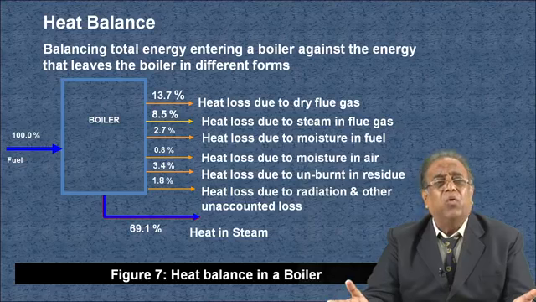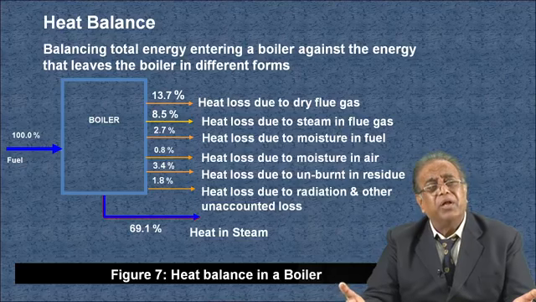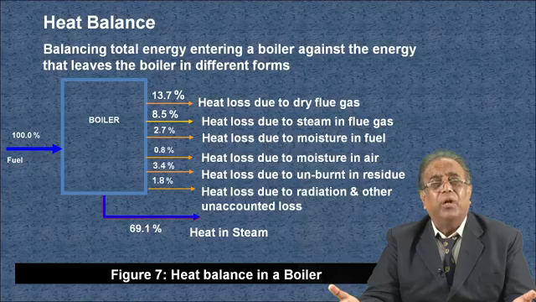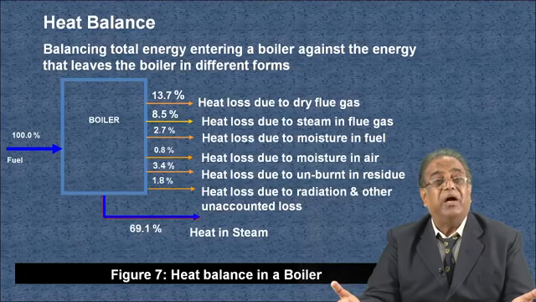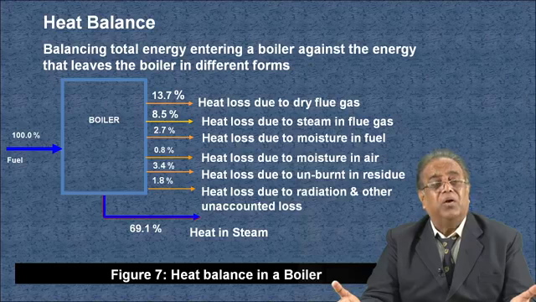Coal also contains some moisture, which goes as waste along with the flue gases. Heat loss due to dry flue gas is also a loss. There may be some unburnt fuel, which is also considered a loss, and there may be heat transfer from the boiler surface to the outside. So that is the heat loss due to radiation and other unaccounted loss.